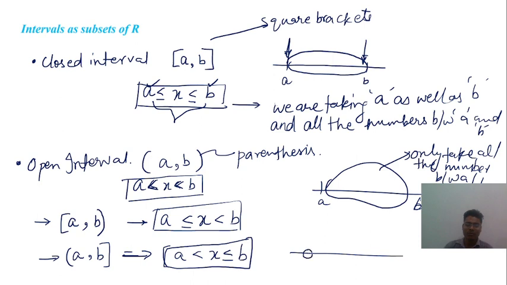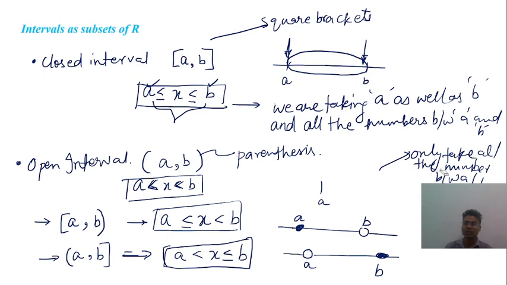You will have an open interval here and a closed interval here. Open and closed here means you will not take B, you will take A; or you will not take A, you will take B.